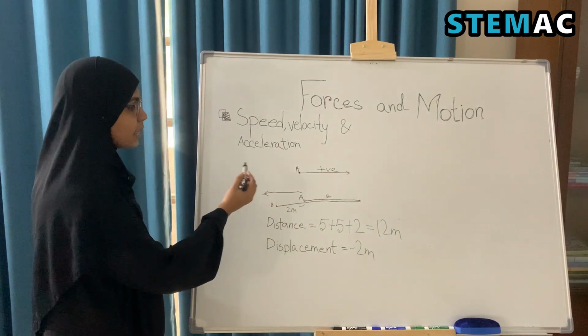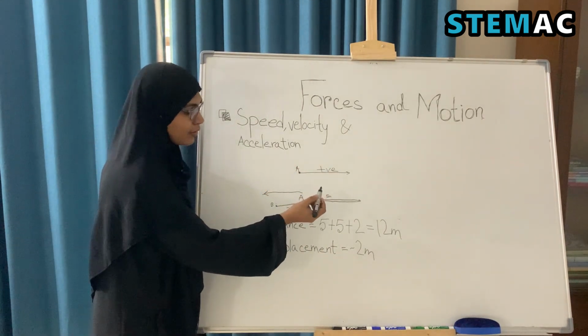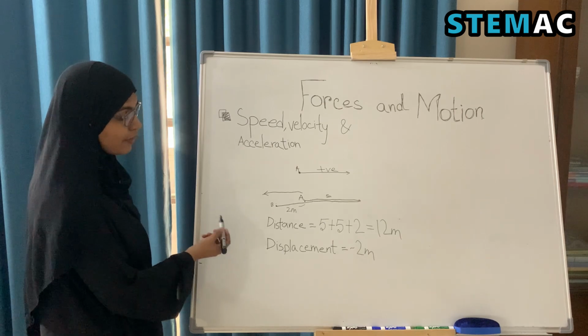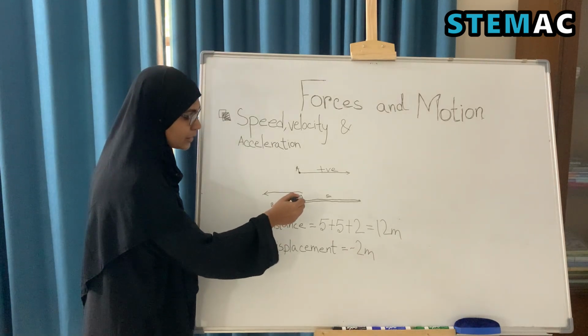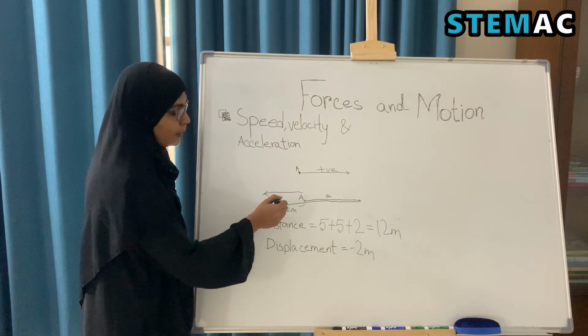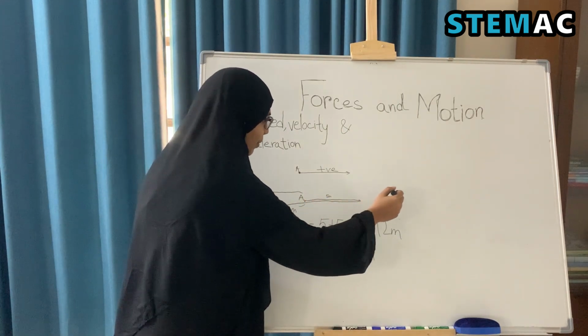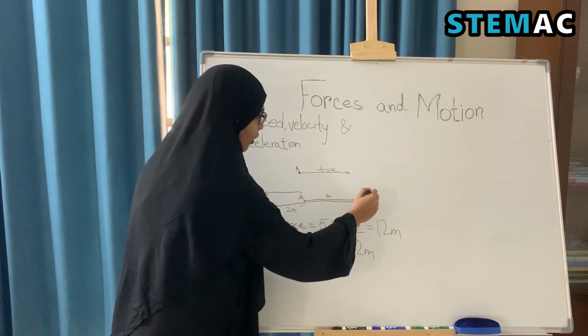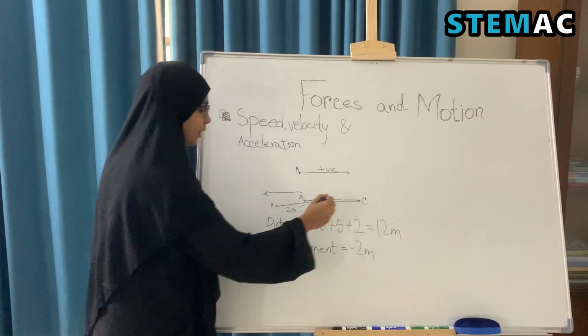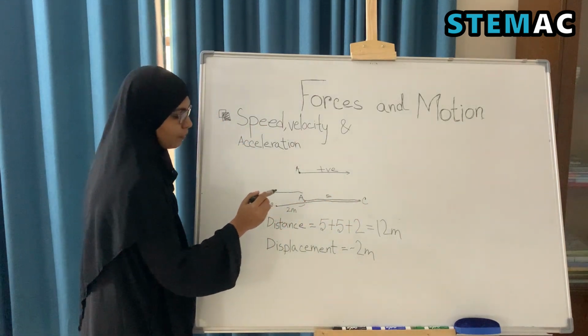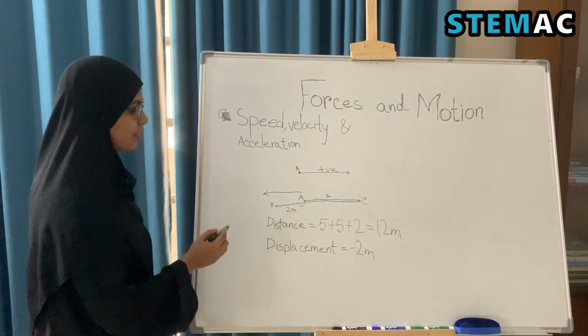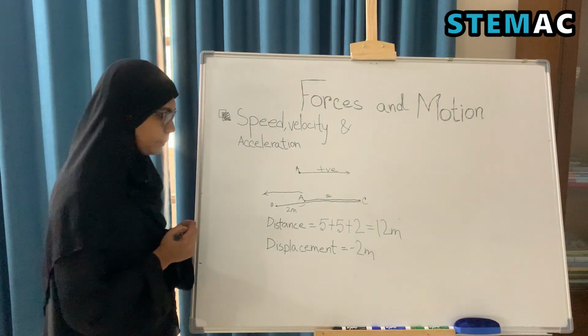Since the forward direction is positive, the backward direction would be negative, and that makes our displacement from A to B. Even though I have moved forward from A to some point, let's say C, and then back towards B, we still have a displacement of negative 2 meters.